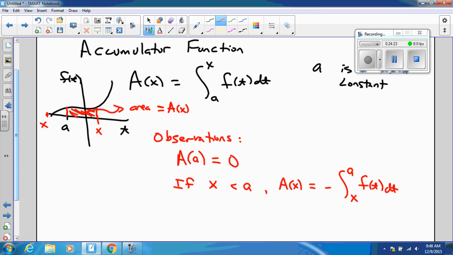In other words, I can switch the limits and take the opposite, which is a familiar process for you guys. So evaluating the accumulator function for x less than a is a matter of basically letting dt be negative and integrating in the reverse direction.